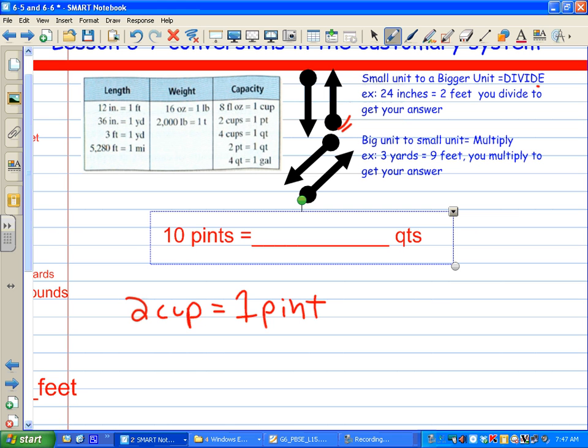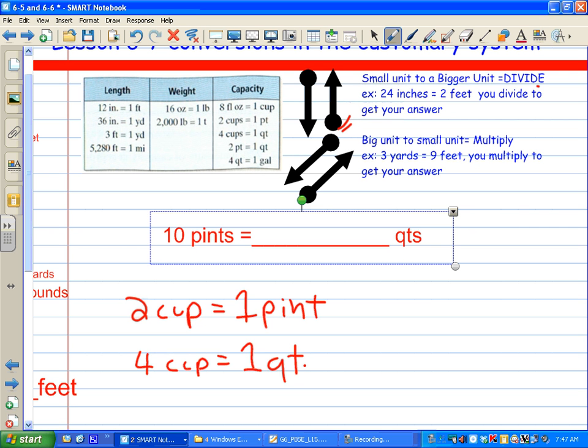So 2 cups equals 1 pint, and I know that 4 cups equals 1 quart. Let's see here, 4 cups equals 1 quart. You know what, I might want to draw myself a model here.